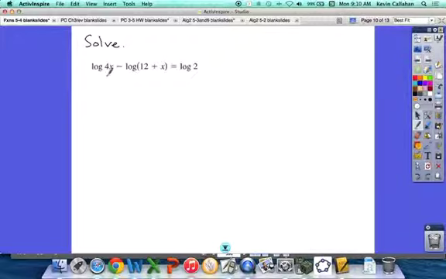Right? What property would I use to combine these two? Log of 4x minus log of 12 plus x. It's the quotient property, right? So you put them together into one logarithm using the quotient property. Log of 4x over 12 plus x equals log of 2.